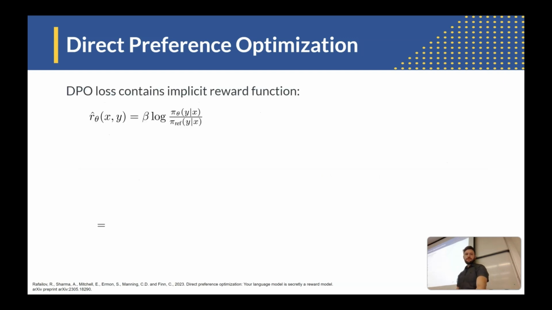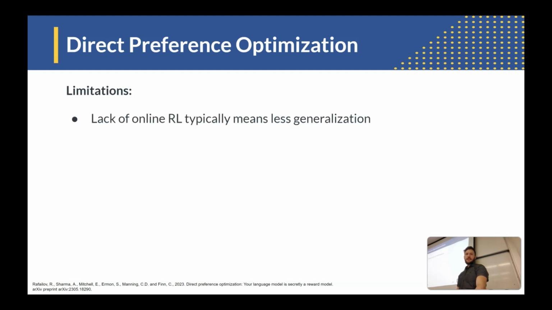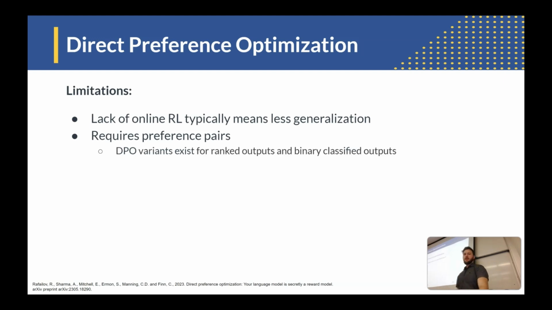However, as you mentioned, a limitation is that we aren't doing online RL, which means we're generally going to have poor generalization. Also, we need to have preference pairs, whereas if you happen to have something with a reward function where we're receiving a scalar reward, you can't optimize that with DPO. DPO just works with preference pairs, although there are many variants of DPO that exist for ranked outputs or a binary good-bad output classification as well.